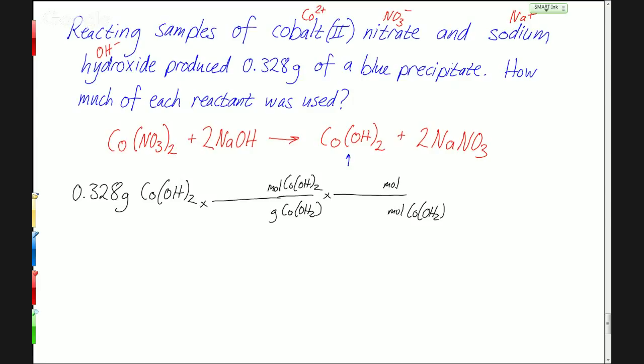And it says solve for each reactant. For time purposes, we'll just pick one. Which one do you want to solve for? Cobalt nitrate or the sodium hydroxide?